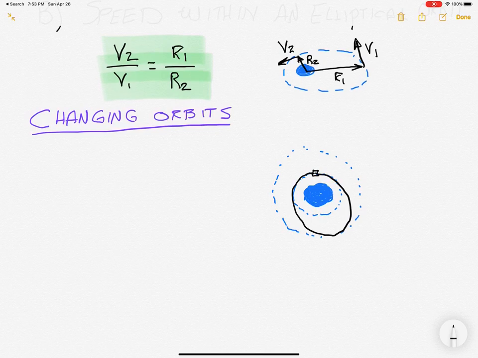So in effect, what we're trying to do is build this ellipse for the satellite, for the box.